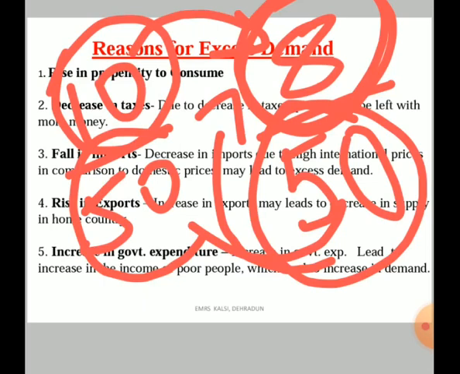Imports are less, supply is less, and demand is more. Basically the demand is the same, but imports are reduced, so in comparison to imports, demand is seen to be more. So this is the reason.